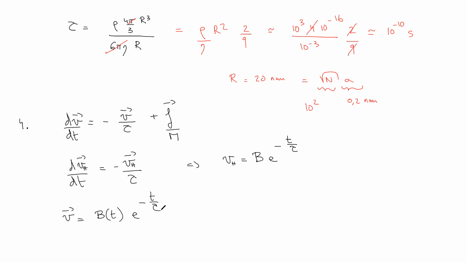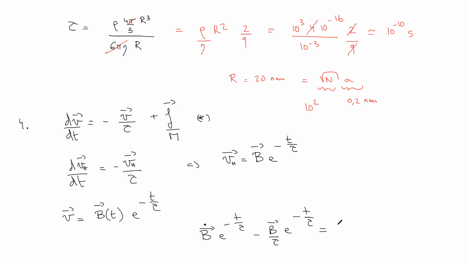So now if I take this velocity form and plug it into equation star here, I end up with B dot exponential of minus t over tau minus B over tau exponential of minus t over tau is equal to, and sorry, this is a velocity, so I should put arrows everywhere. Excuse me for that.